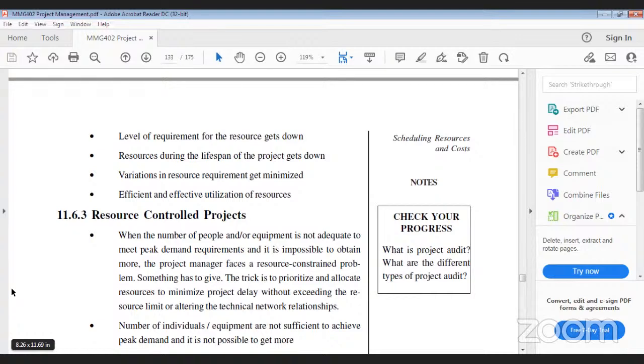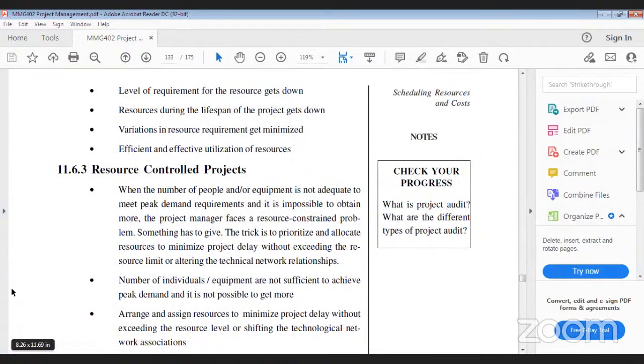Sometimes something has to be viewed. The trick is to prioritize and allocate the resources to minimize the project delay without exceeding the resource limit or altering the technical network relationship. There is also a second case, that is number of individuals or equipment are not sufficient to achieve the peak demand, and it is not possible to get more also.